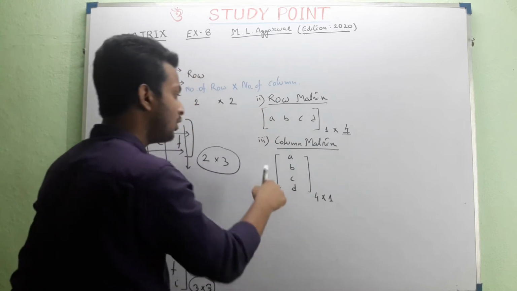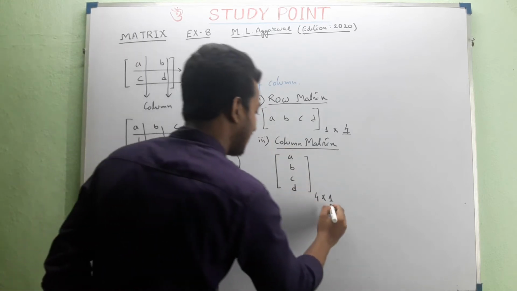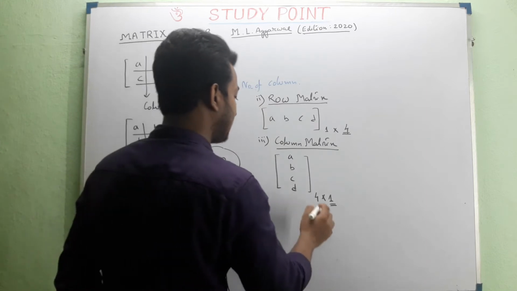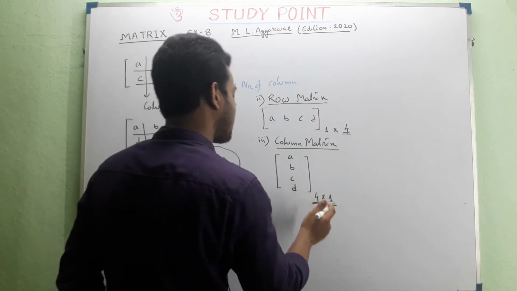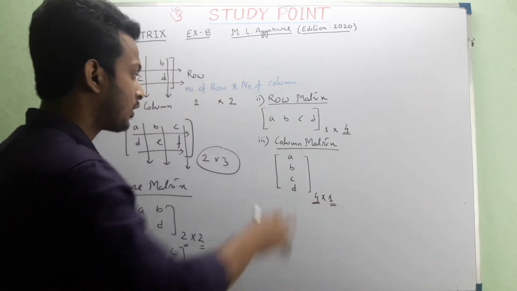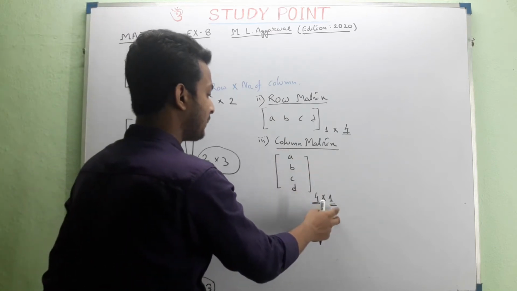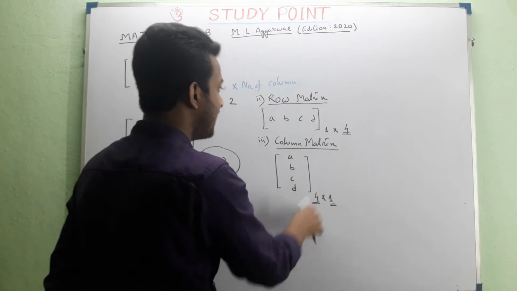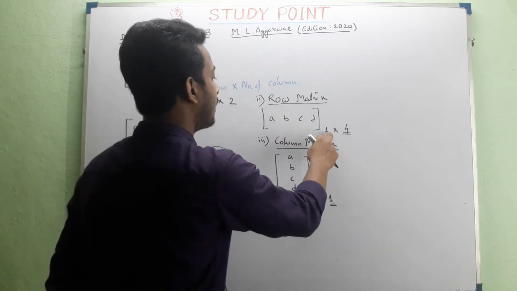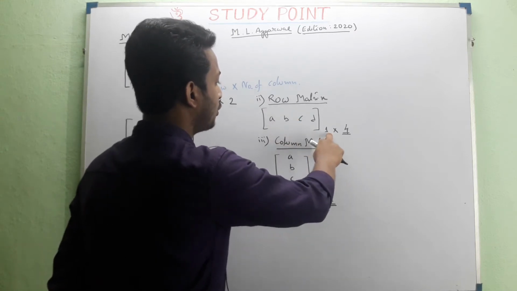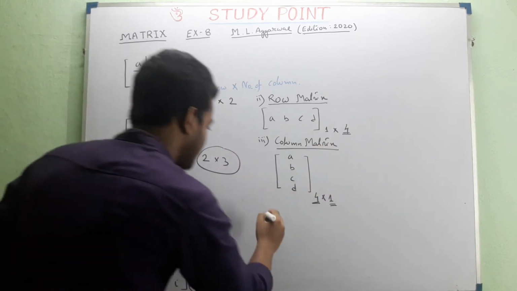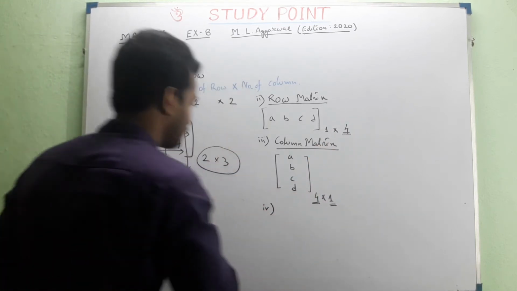Here also, for the column matrix, the number of columns in the order should be 1, but the number of rows may be whatever. It is not dependent upon the number of rows. And for a row matrix, it is dependent only upon the number of rows being 1, not upon the number of columns. Clear till now?